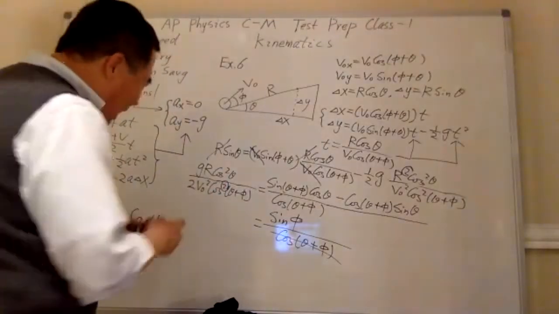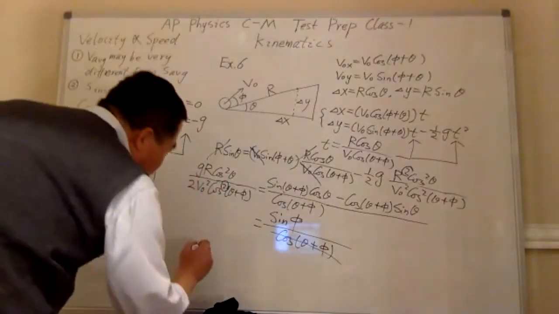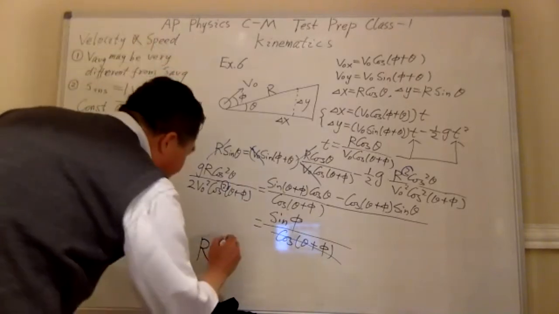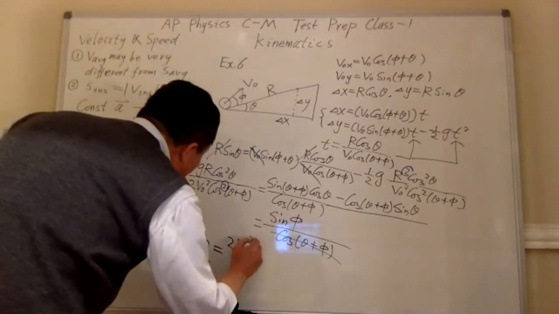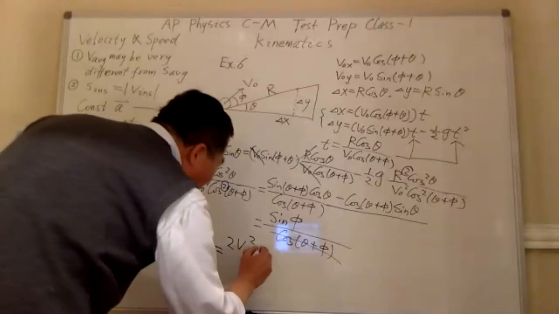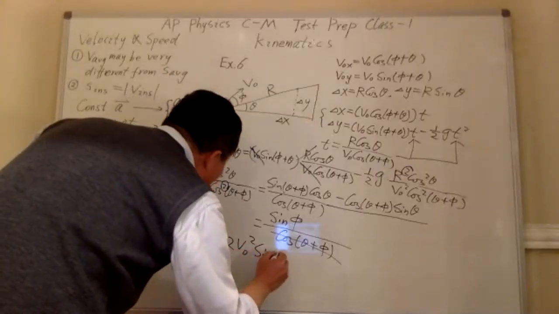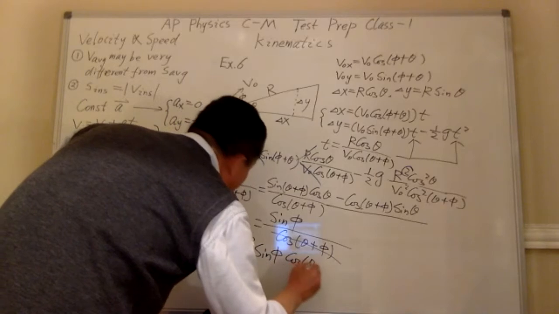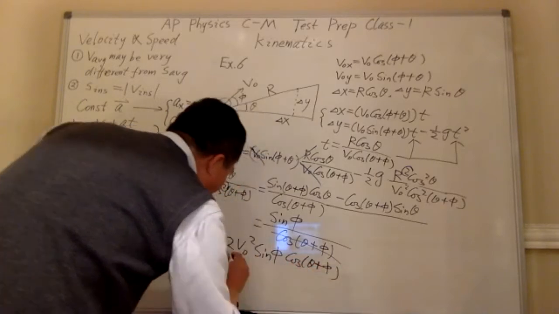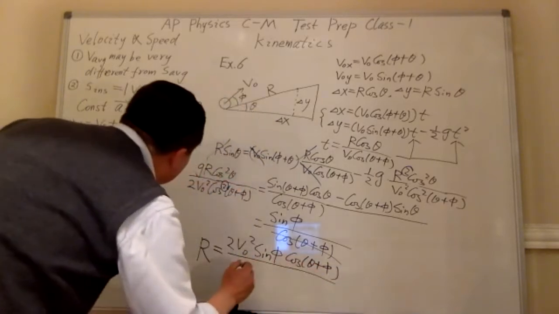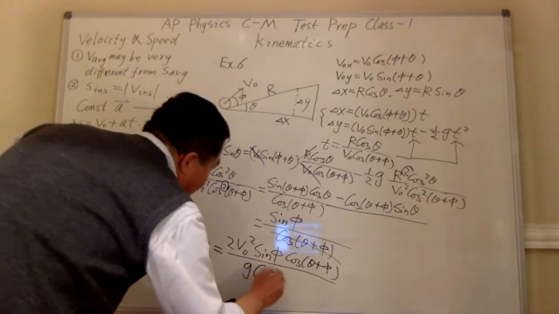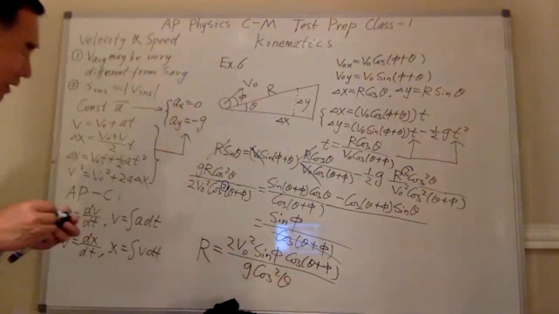This time I figure out the range formula, this complicated range formula. This is equal to 2 v naught square sine phi, cosine theta plus phi, divided by g cosine square theta.